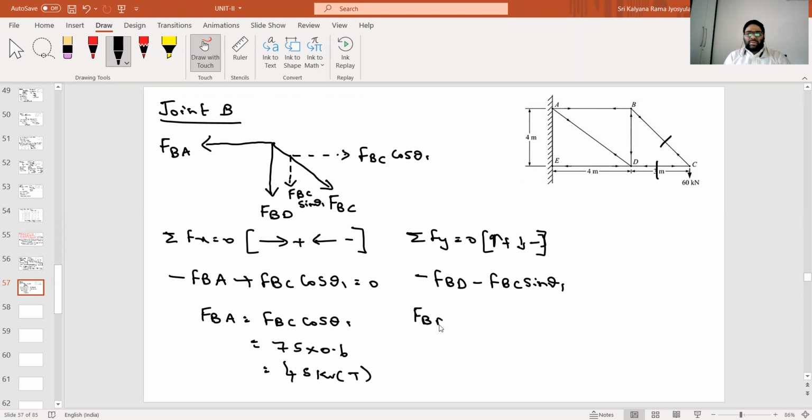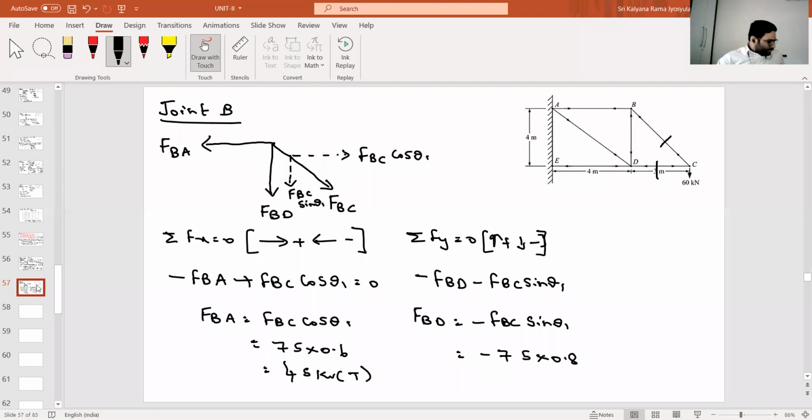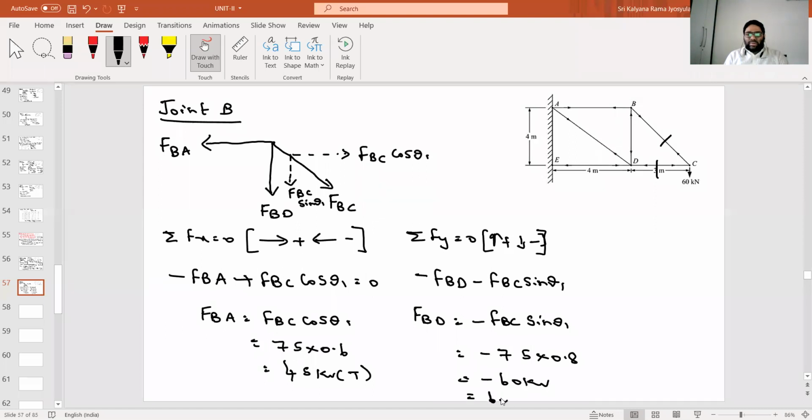So FBD is equal to minus FBC sin theta 1, that is equal to minus 75 into 0.8. That will be 60. Minus 60 kilonewton or 60 kilonewton compression.